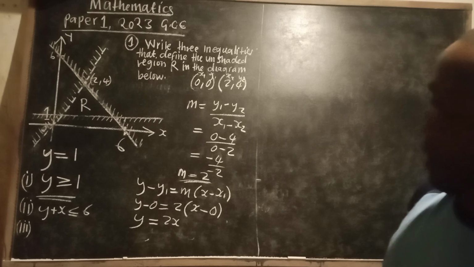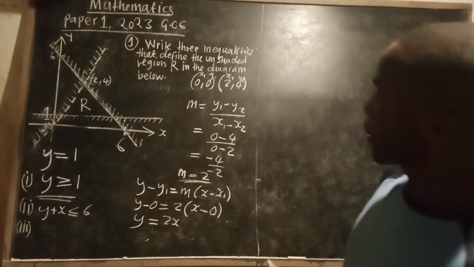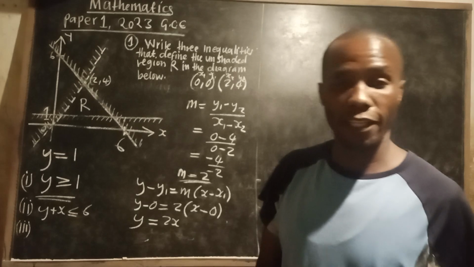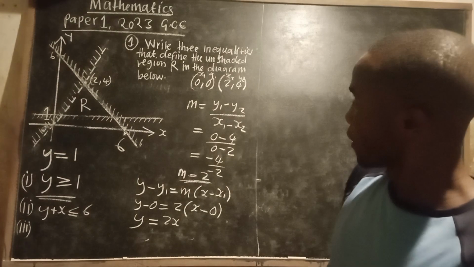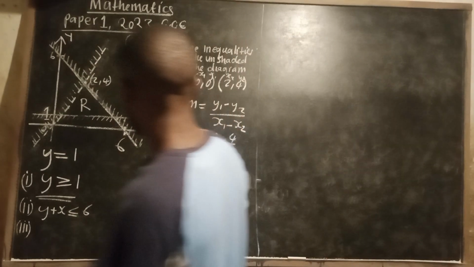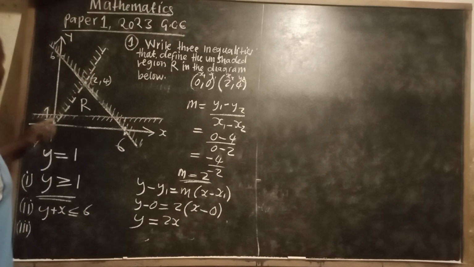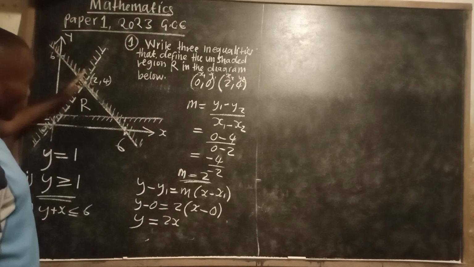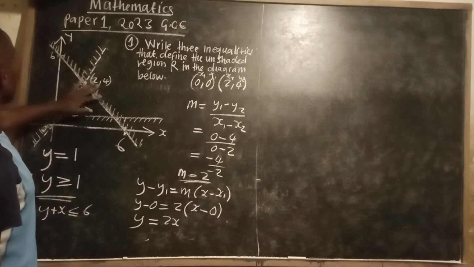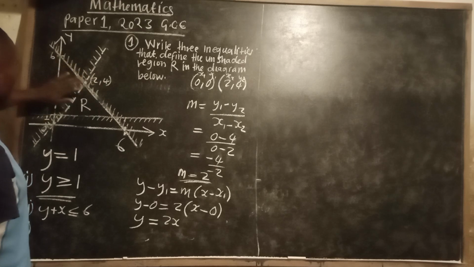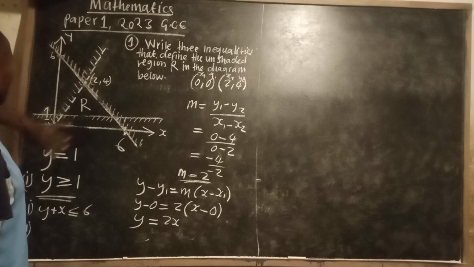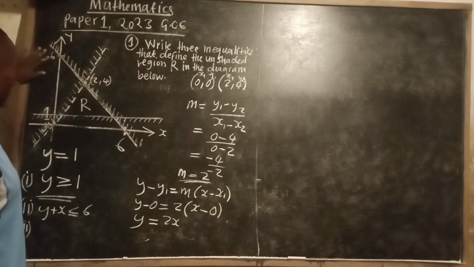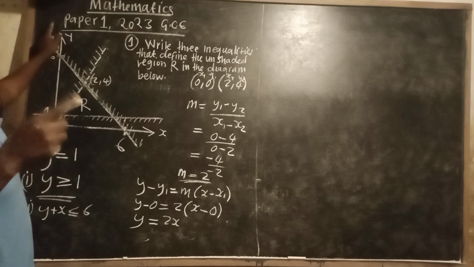Then now, having found the equation, what next is to consider the shaded part, which is the unwanted region. When you look at this, they are saying y. When you are going this side, y is equal to x. When you are going this side where it is shaded, what is happening to y? y automatically is increasing. y is increasing when you are going this side. y is increasing, that is greater.